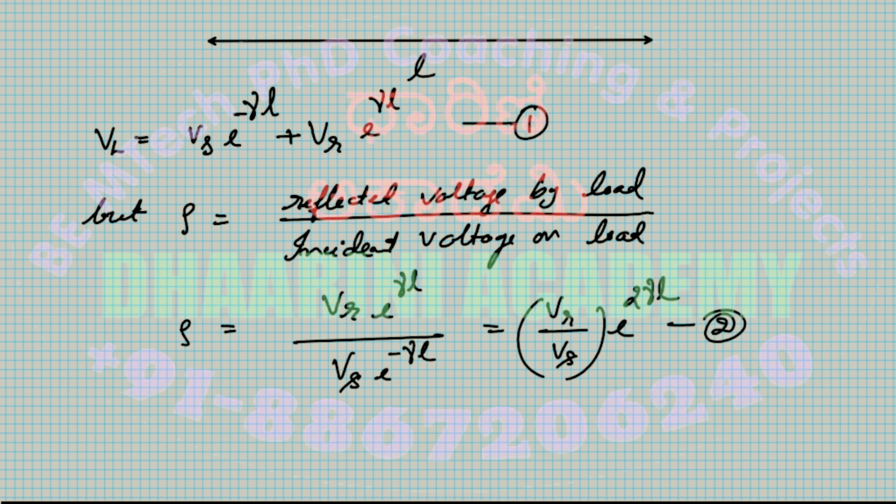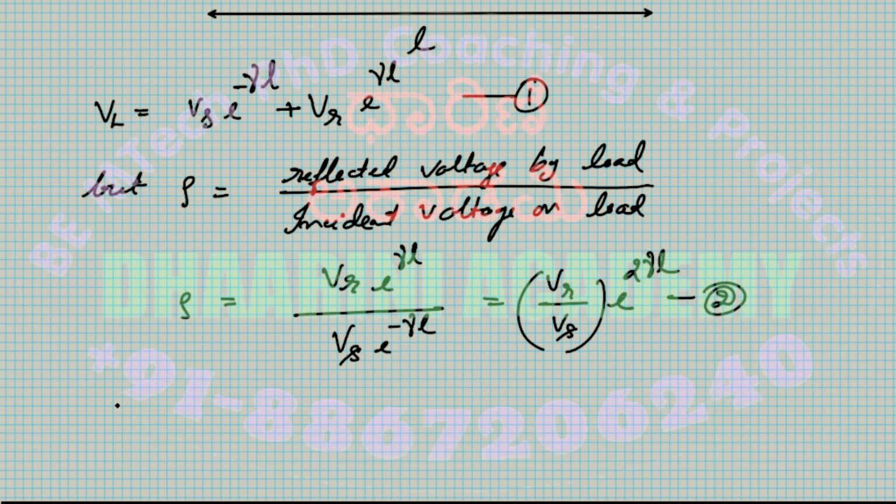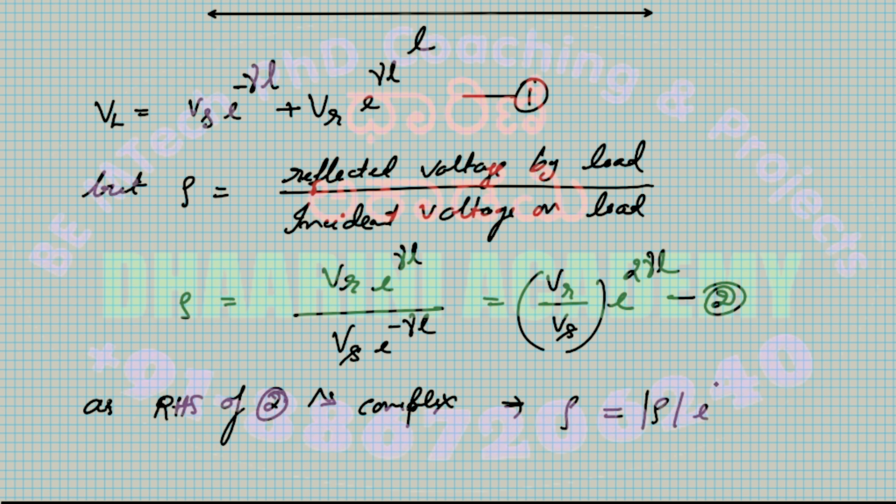This is the 2, right? So the right hand side of 2 indicates that it is complex, right? This implies I can expect rho is equal to magnitude of rho into e to the power j psi. I bring some other constant here, right?